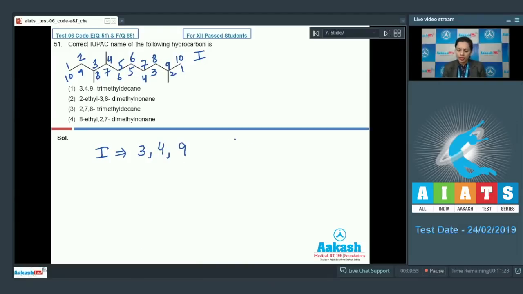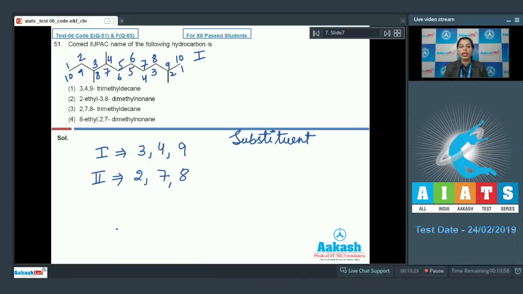In this case, the substituent will decide what should be the correct way of numbering. If I talk about the second way, the numbering would be in that manner that the substituent is getting the second position first here. You'll see here that second position, then it is at 7th and then 8th position. So, 2nd, 7th and 8th position.